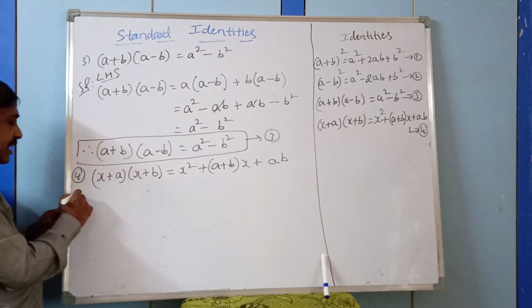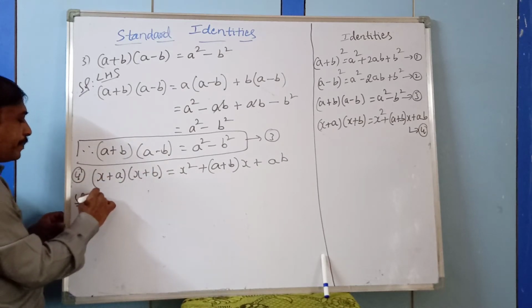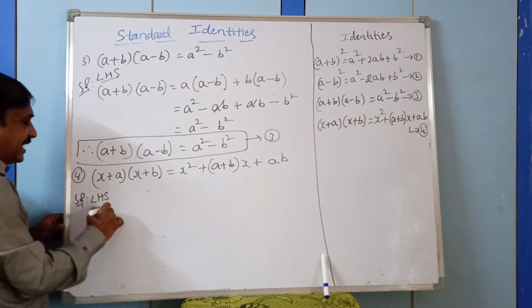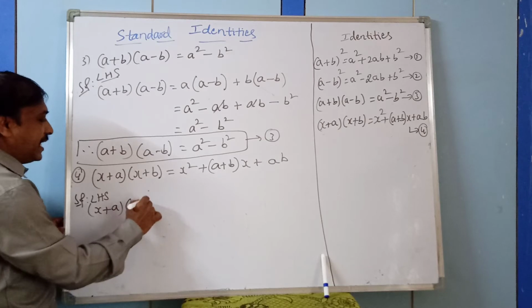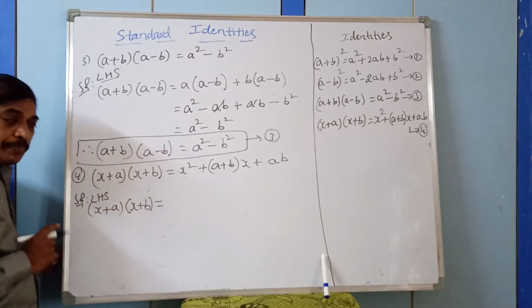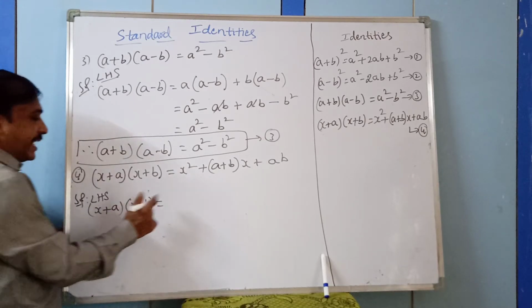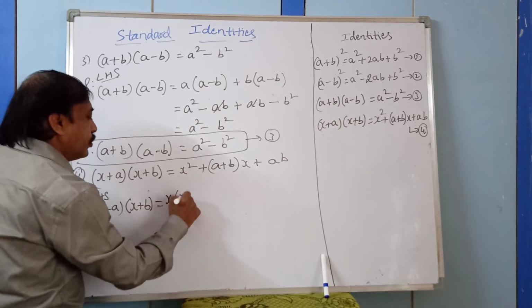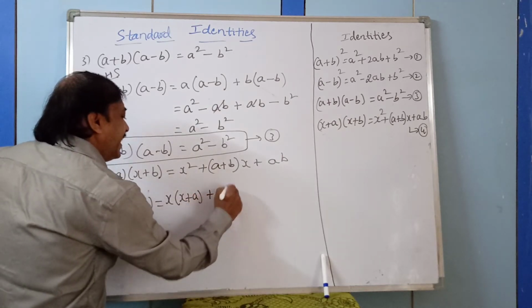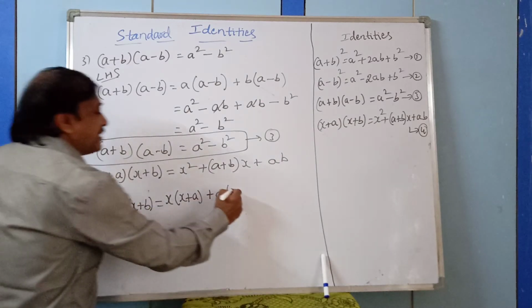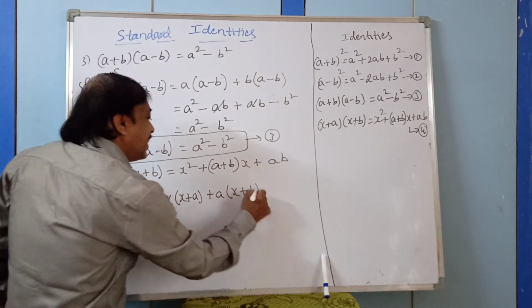So first I am taking the LHS. (x + a) into (x + b), which is equal to, with x we are multiplying this, so x into (x + b) plus a into (x + b).